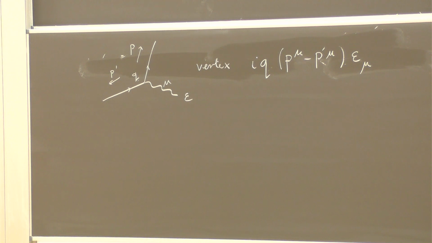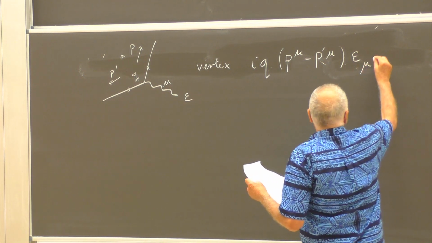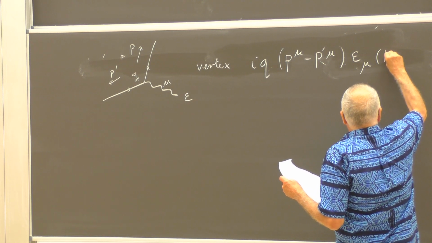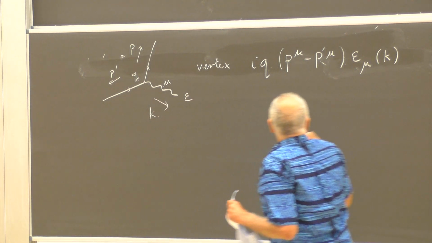This is scalar QED. The argument goes exactly the same way for real QED with electrons, or with arbitrary charges. Here epsilon is the polarization vector of the photon.